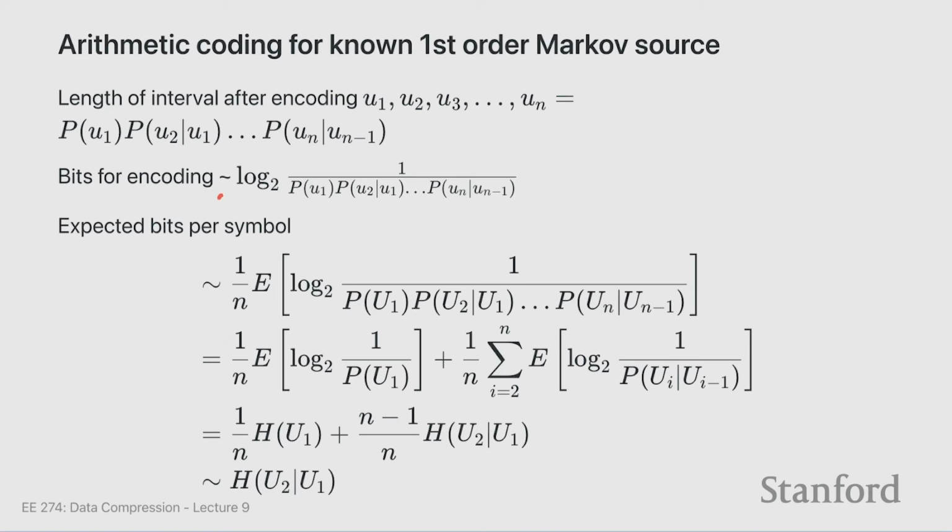So the bits for encoding is roughly log of 1 over that product. Everything else stays the same: the way you convert intervals to bits stays the same, just the way you split the intervals changes. Then you do the math. The first term is special because there is no past for the first term, but every term after that has a past. You use your usual formulas, and then you get roughly the entropy of U2 given U1.